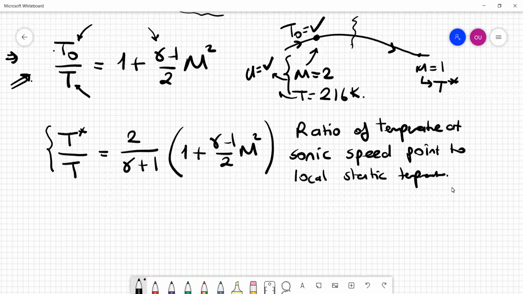If you remember our first definition of stagnation properties, it represents the total amount of energy in the flow. If you somehow reduce the speed to zero velocity somewhere in the flow, adiabatically, without letting any heat escape, thereby converting the entire kinetic energy to internal energy, that was the definition of stagnation conditions.